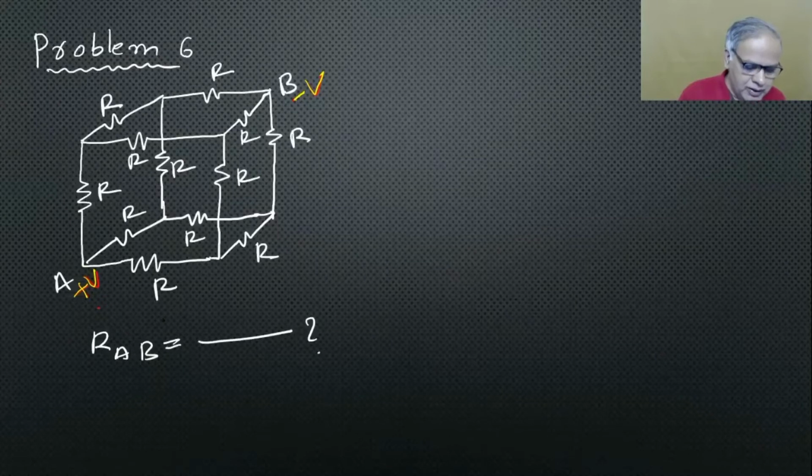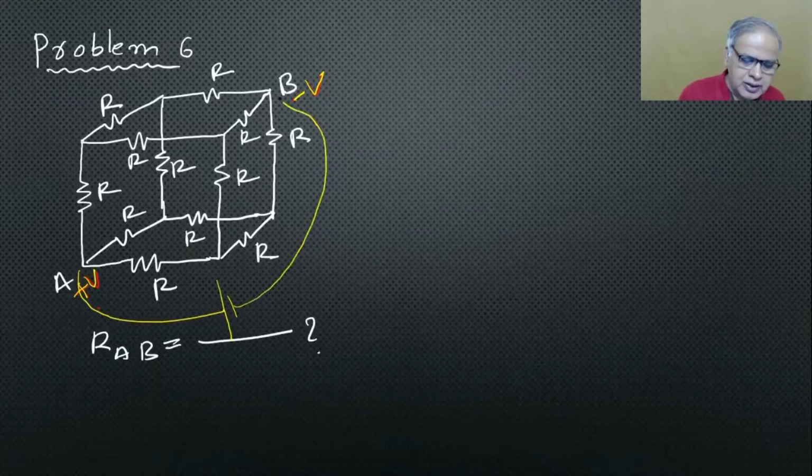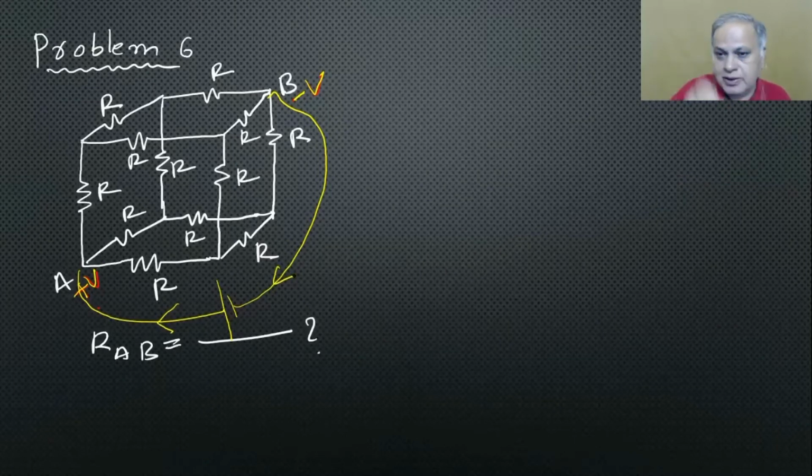That's how we put one cell. It goes out, enters there and comes in like this. This is how you need to look at any time: one single cell circuit. From the entry point to the exit point, look for paths which have identical minimum number of resistances.